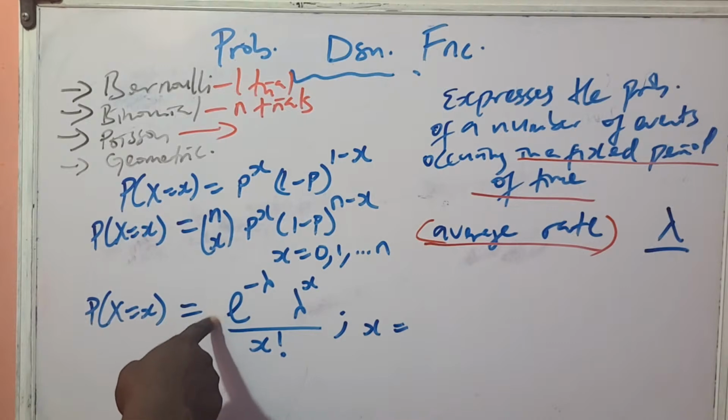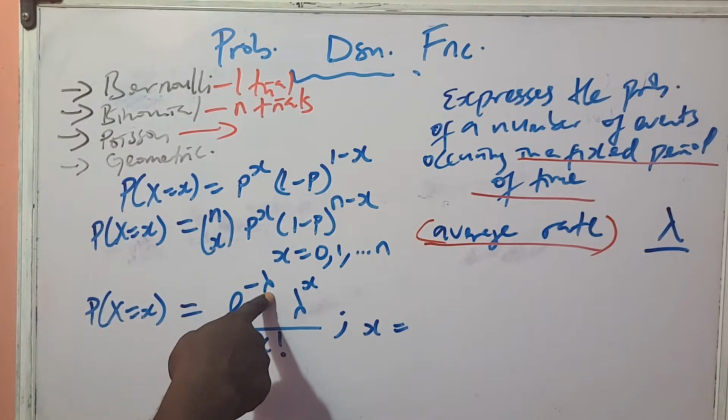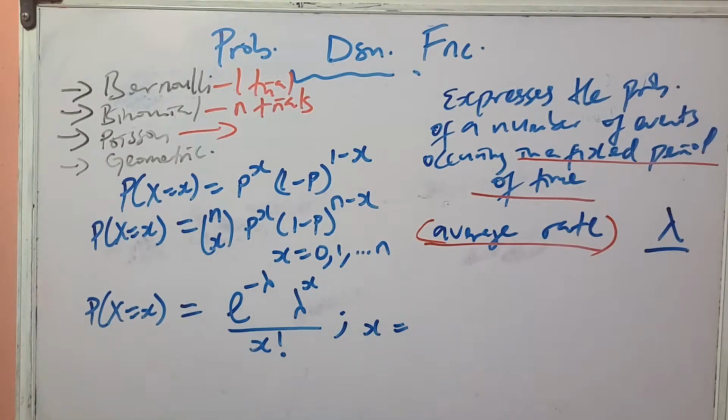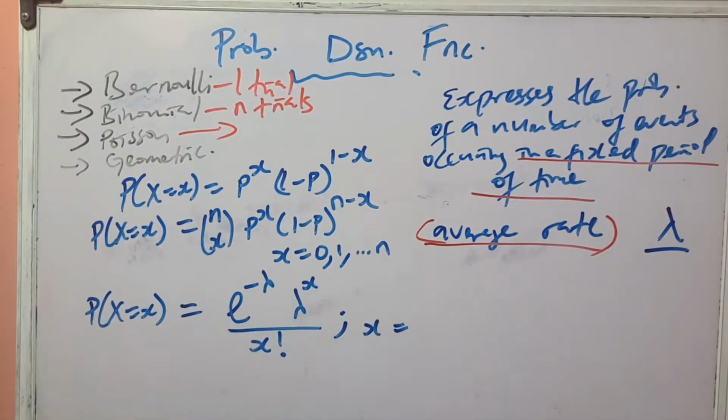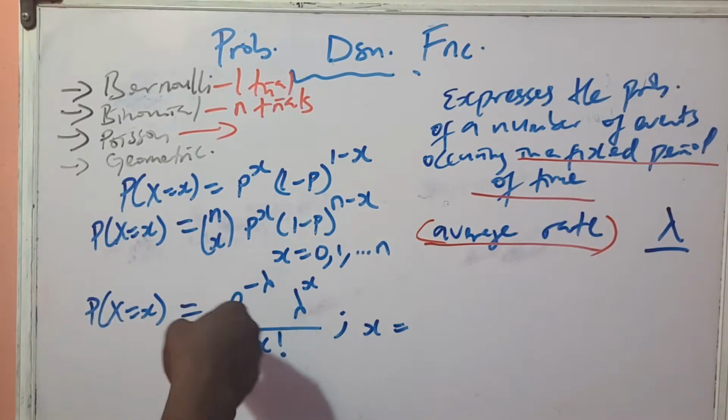So if your lambda was 1.5, you will be pressing e exponential raised to power minus 1.5. Of course, it doesn't mean it cannot be gotten by workings, but there's no need to say so much around that. E raised to power 1 is, I believe, 2.718 or thereabout, but you don't need to solve that yourself. Just press it on the calculator and you get the answer. Whatever your lambda was will bring about the answer here.